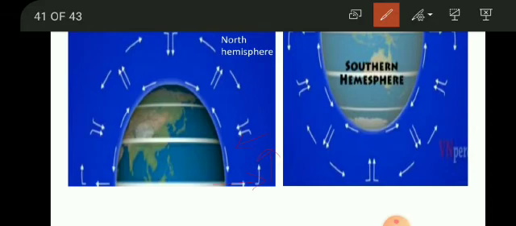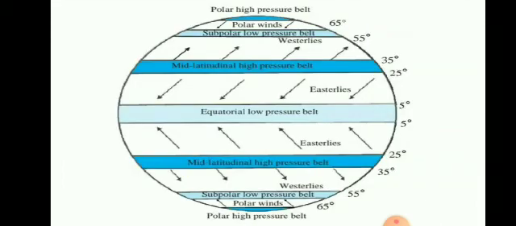Here also at the polar it is moving towards the opposite direction, towards the opposite poles. Because of convergence it is rising. So in this way the same process is happening in the southern hemisphere also. This gives rise to the various pressure belts.